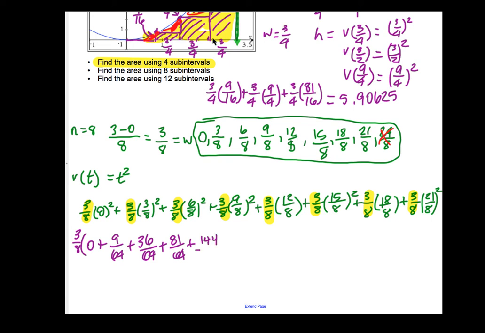Let's see, 144, and then 15 squared is 225, and then 18 squared is 324, and then 21 squared is 441.